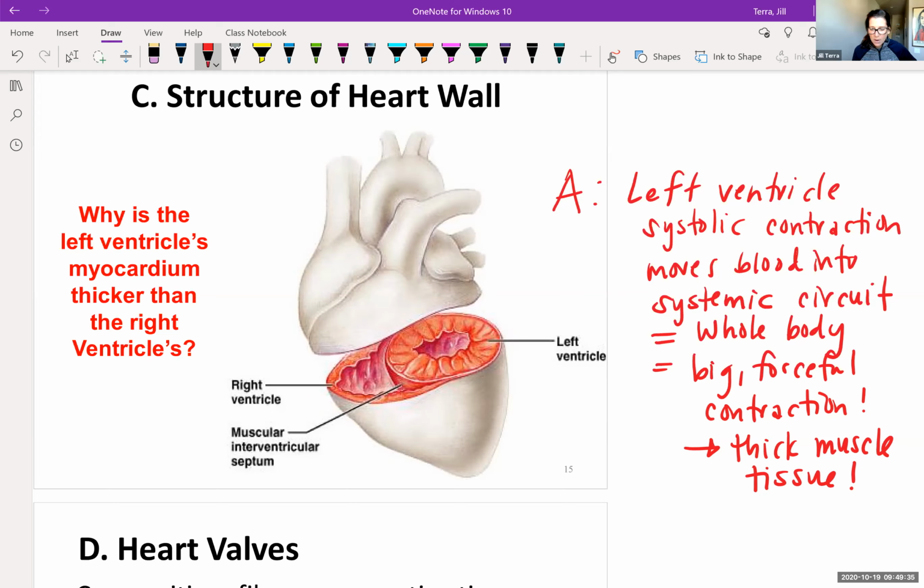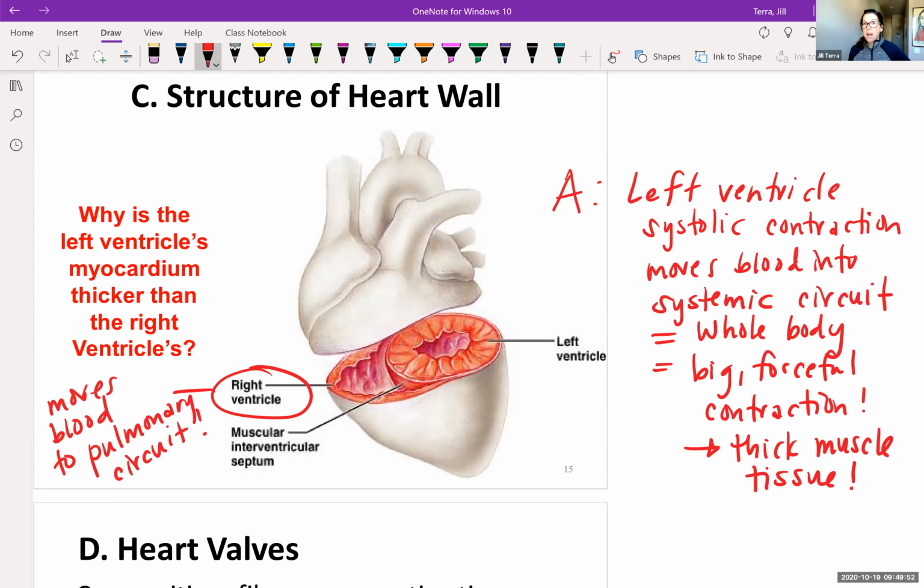Okay. And so in comparison, the right ventricle is only moving blood to the pulmonary circuit, right? And so that is really not a far place to travel, right? So think about where your heart is in relationship to your lungs, right? Your heart is nestled right between them.